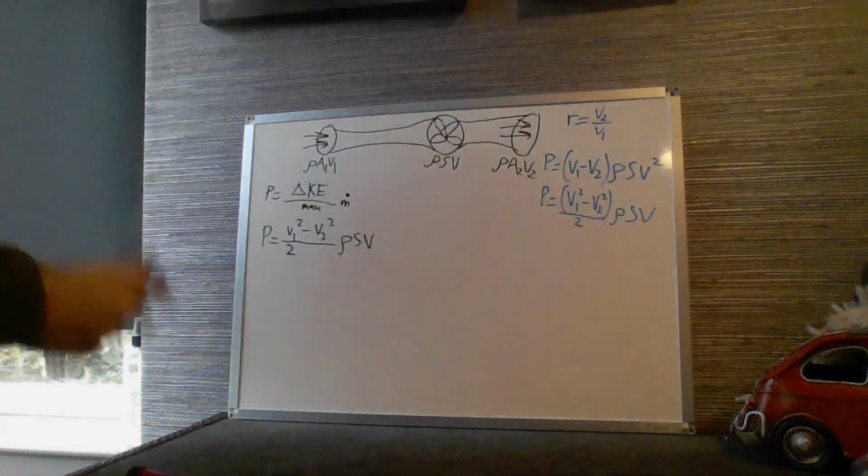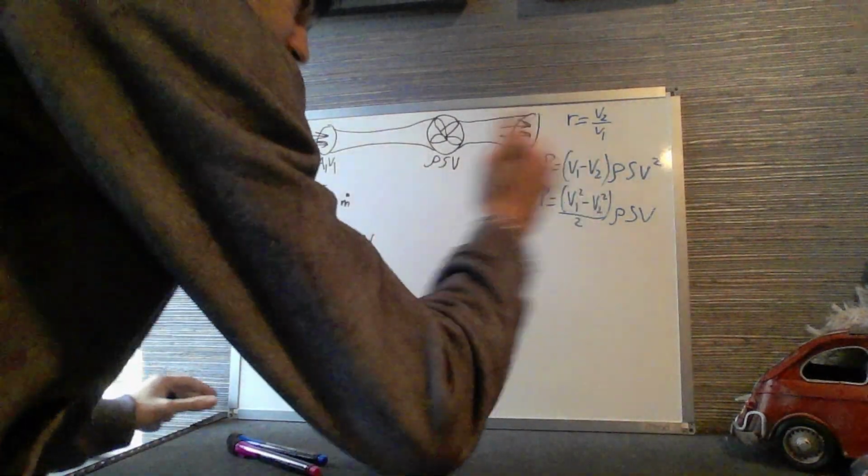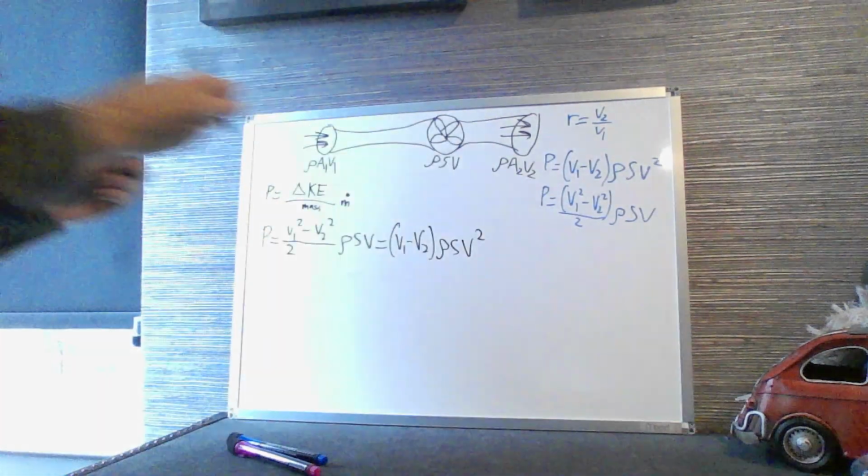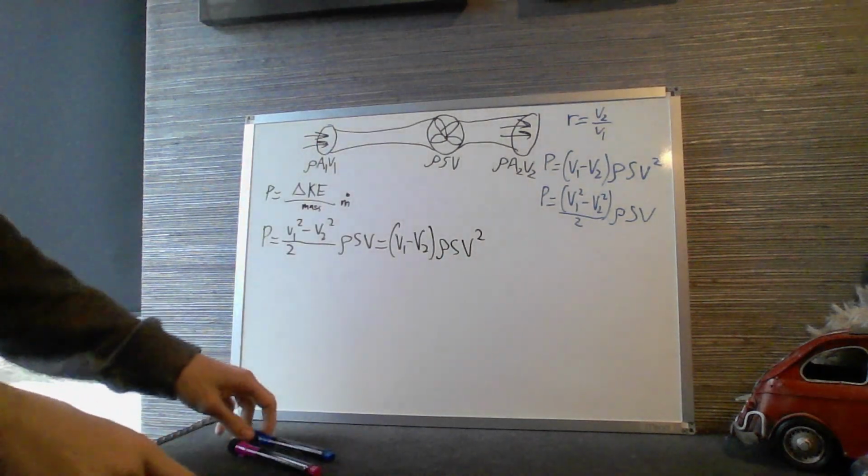So if I equate this to our earlier expression that we had, v1 minus v2 multiplied by rho S v squared, we already see this seems very simple and straightforward.